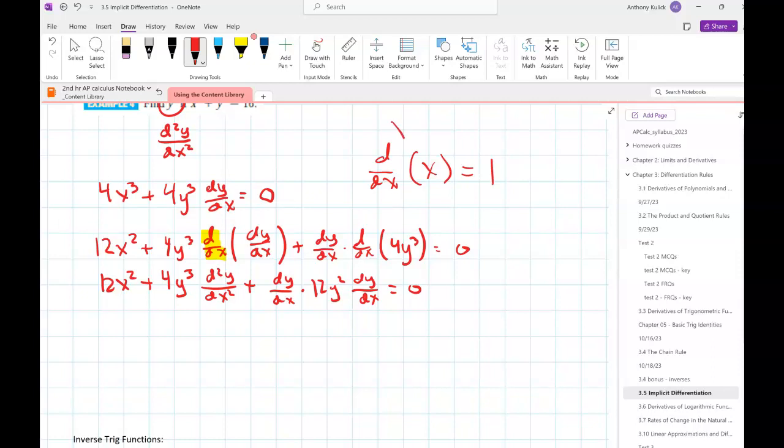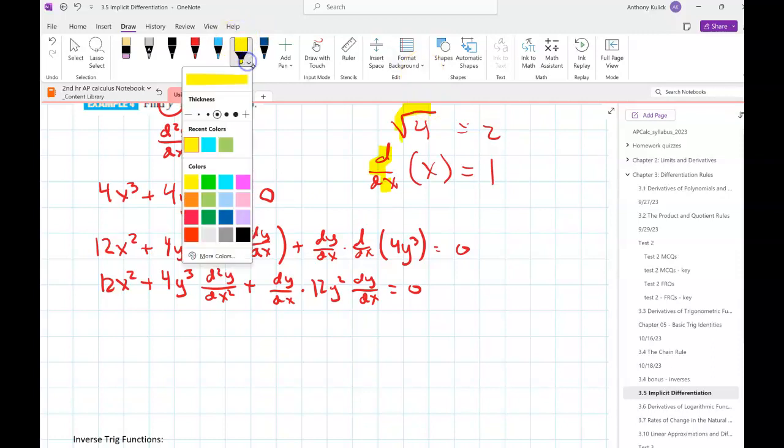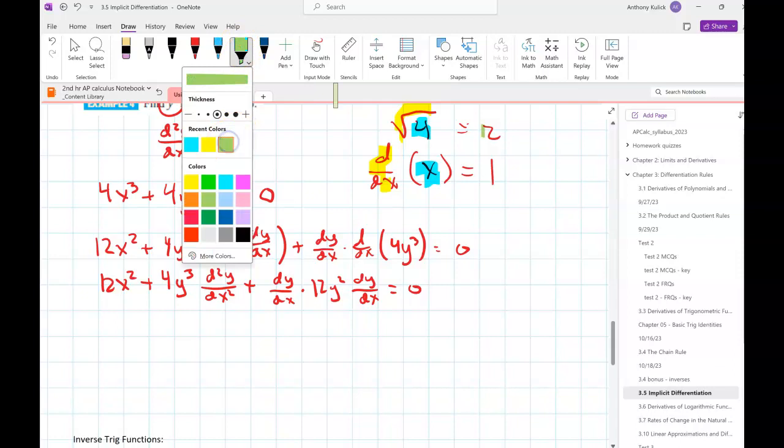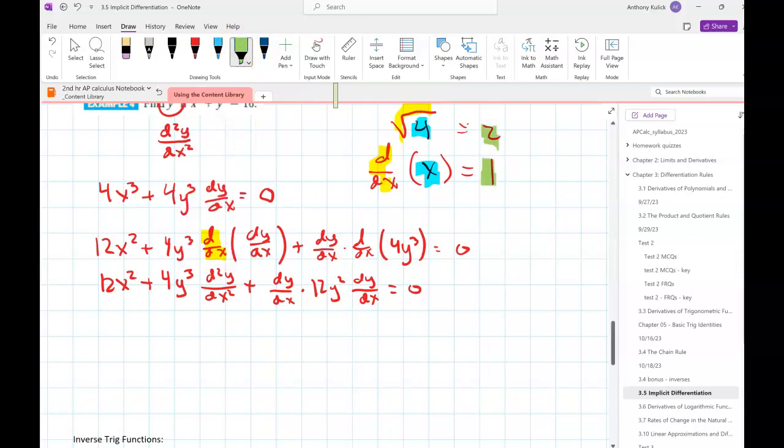That's like saying square root 4 is equal to 2, where this is the symbol that tells you take the derivative. This is like the argument, and this would be like the result. Does that feel okay? So the d dx is just the name, the symbol we use for the operation of take the derivative. Okay?